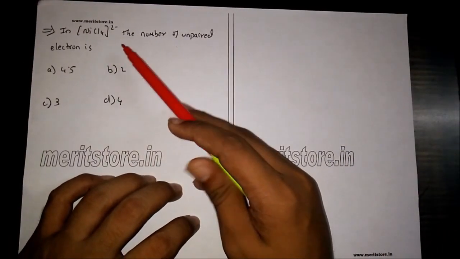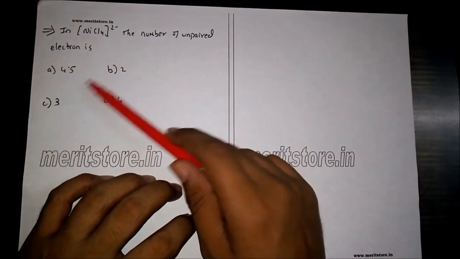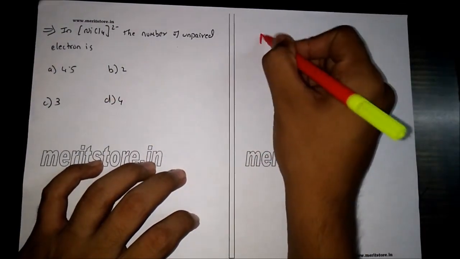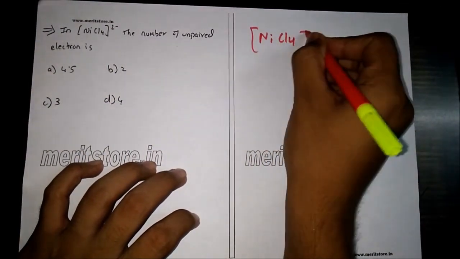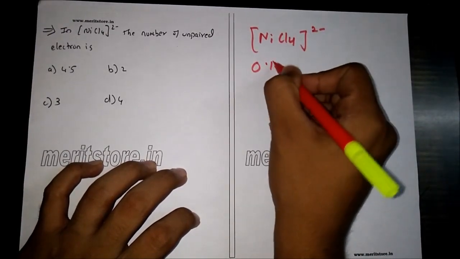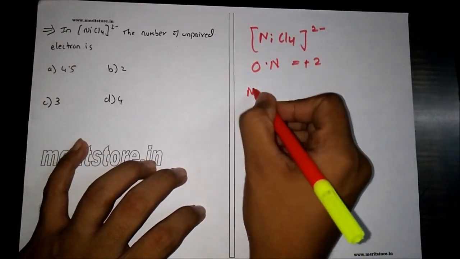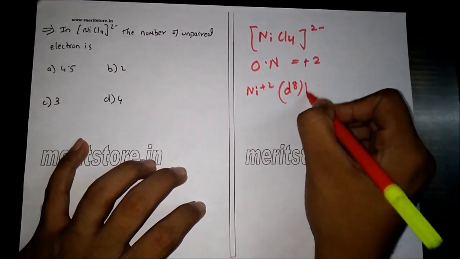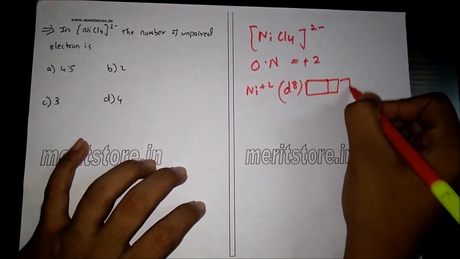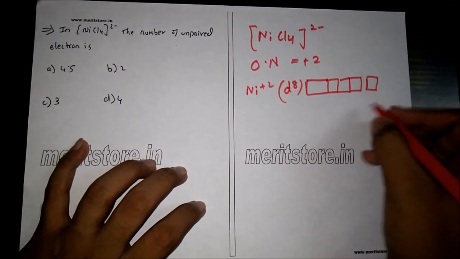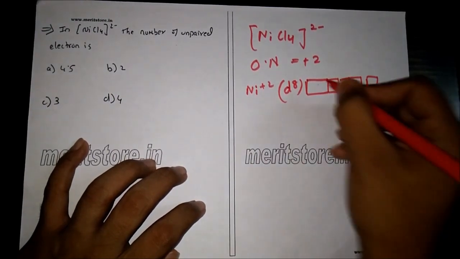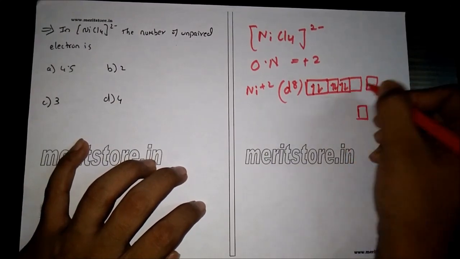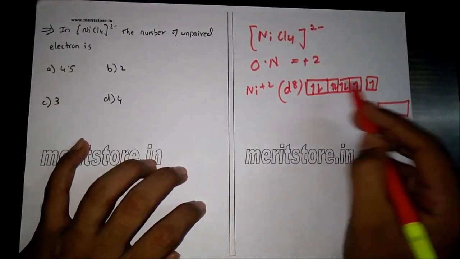In NiCl4 2 minus, the number of unpaired electrons is A 4.5, B 2, C 3, and D 4. Now let's look at the answer. Now in NiCl4, the oxidation number of Ni is plus 2. Therefore, Ni2+ has a d8 configuration, and two electrons are unpaired for nickel.